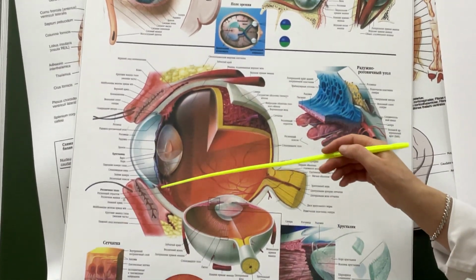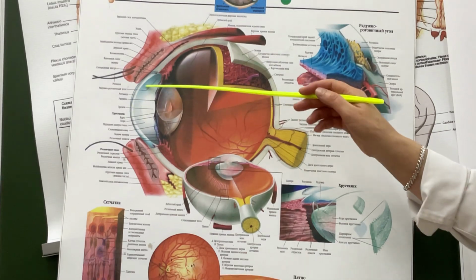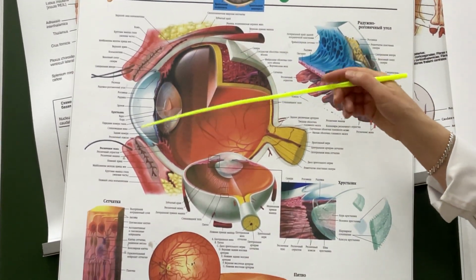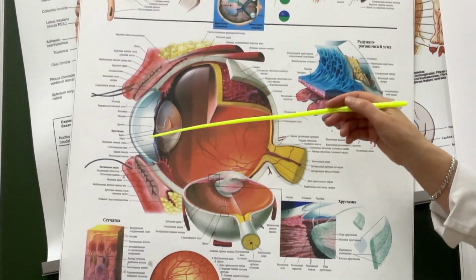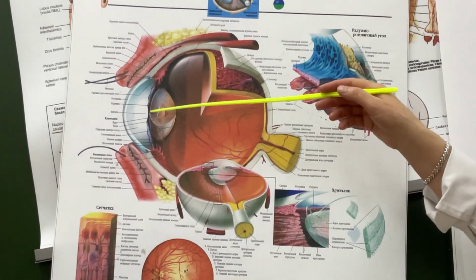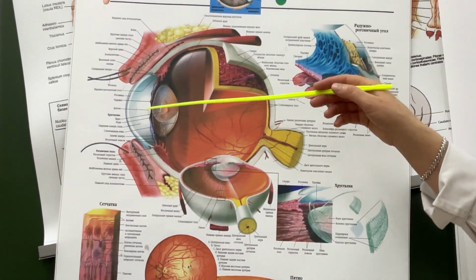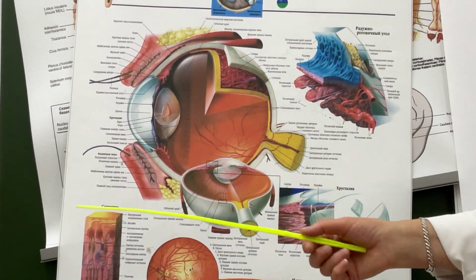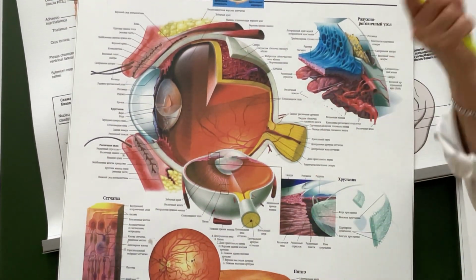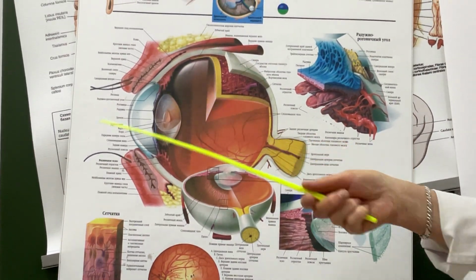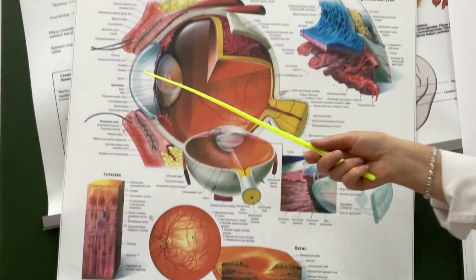If this fluid is produced but doesn't flow out at the same rate, then it will accumulate and cause an increase in intraocular pressure. This disease is called glaucoma. Therefore, people who have this use eye drops which dilate the vessels and increase the absorption of this fluid.